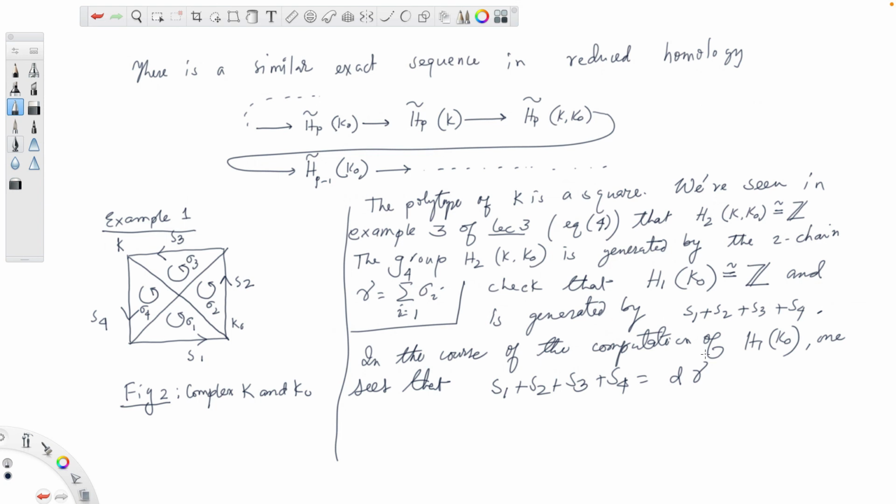Okay, when you apply del, the boundary operator here, del 2 gamma, right? So it's not D, it's del 2 of gamma.